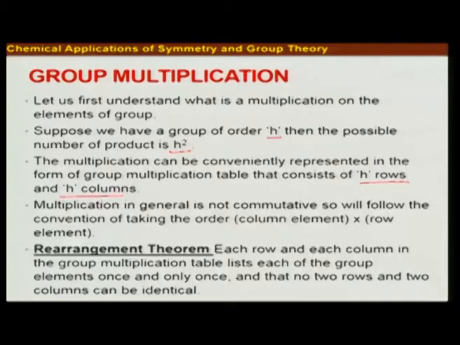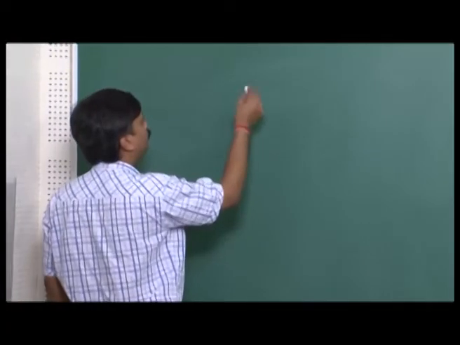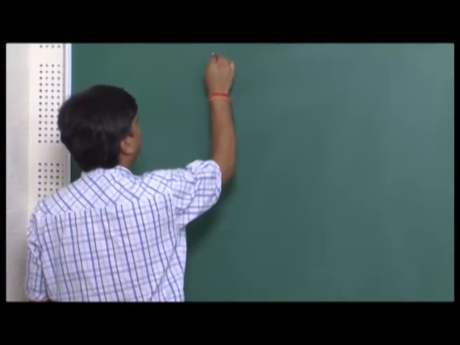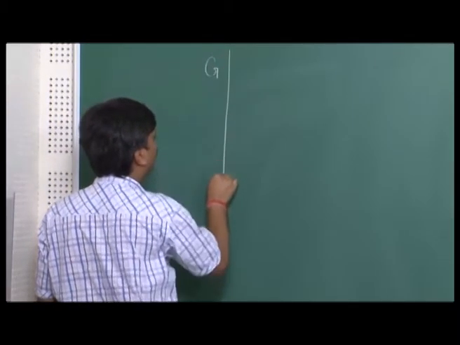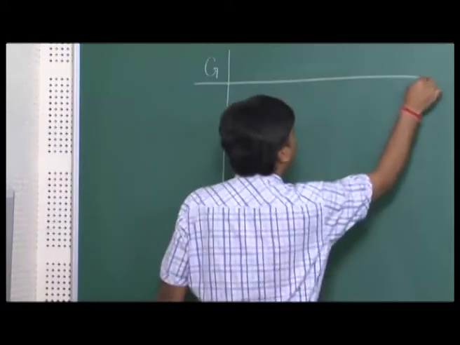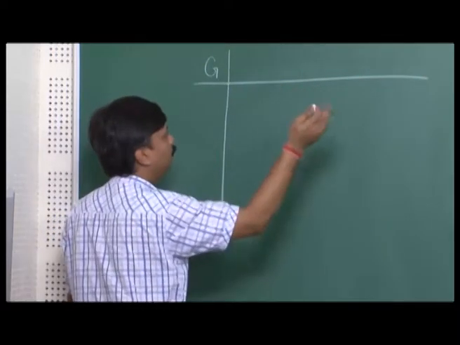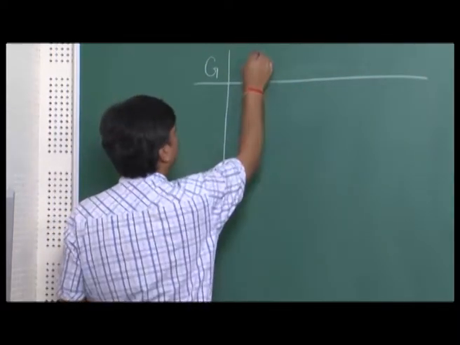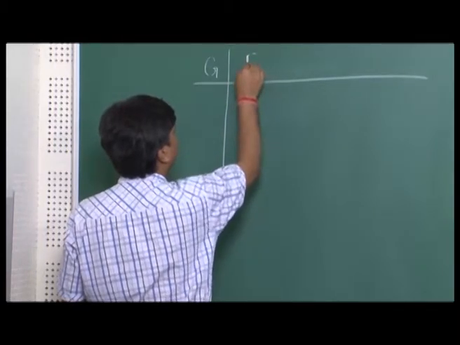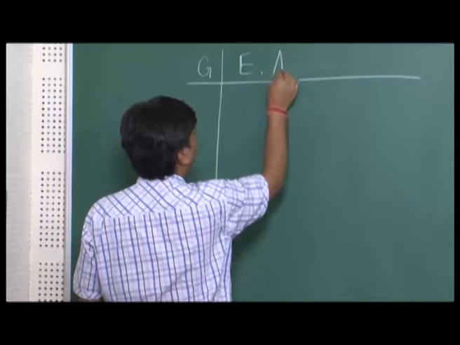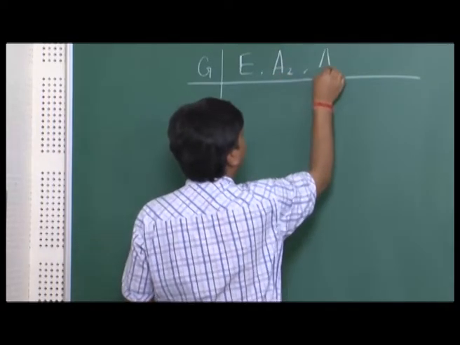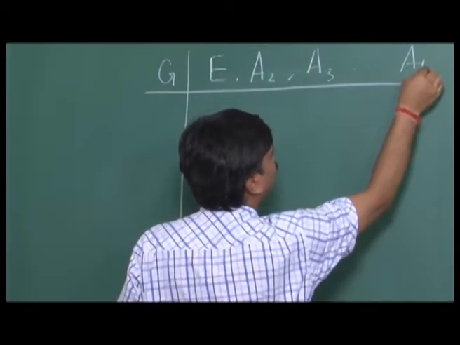So for any given point group, say I have a point group G. If I have h number of elements, so I have a trivial E, then suppose I have A2, A3 up to AH.